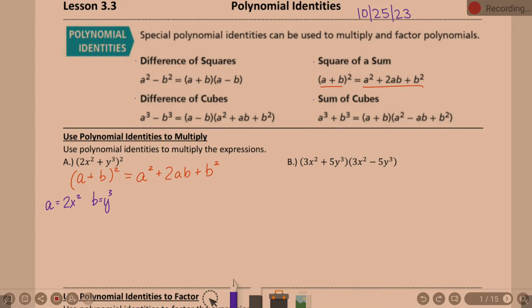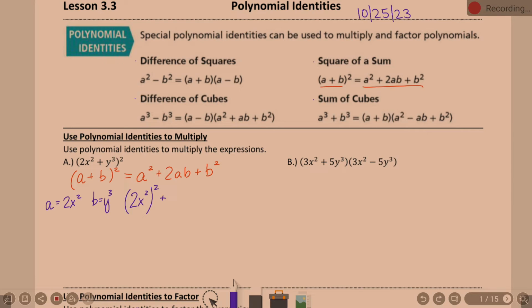And so we can use those definitions right there. Every time we see an a, we're going to fill in 2x squared. Every time we see a b, we're going to fill in y cubed. So, a squared. What am I going to be squaring? We're going to be doing 2x squared, and then we're going to square that because it's taking a and squaring it.